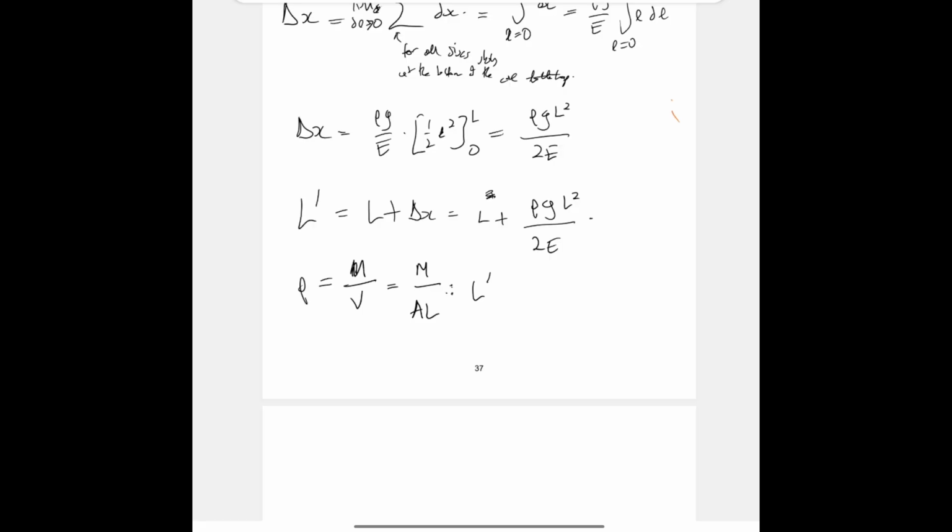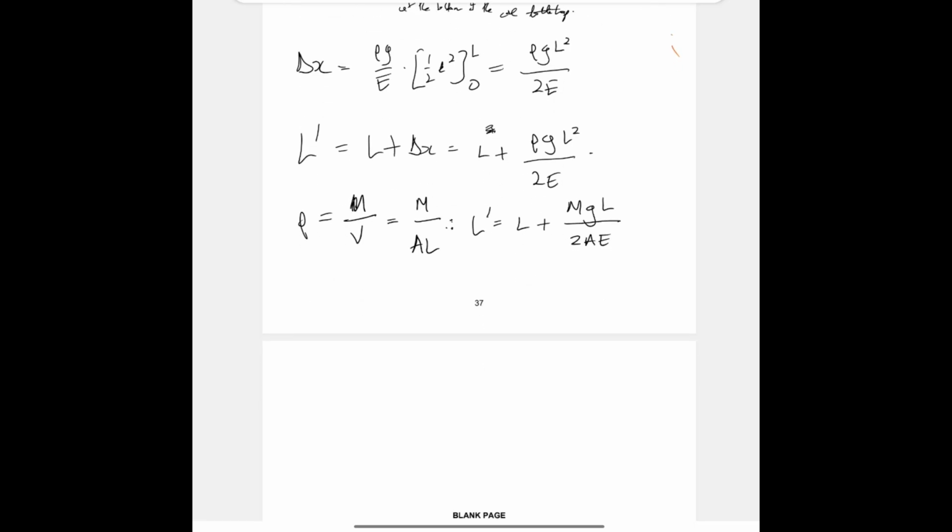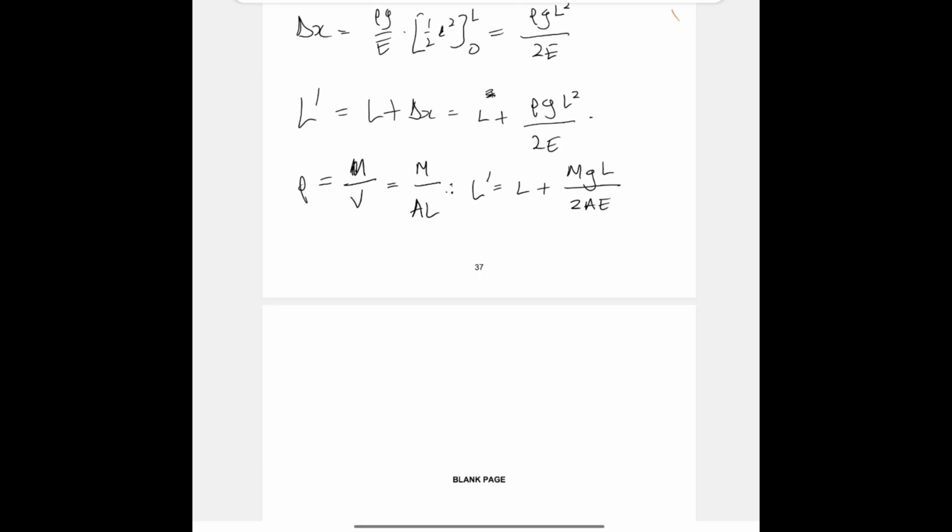Therefore, L prime is going to be L plus MGL over 2AE. We can rewrite it more nicely as 1 plus Mg over 2AE, all times L. And now we can plug stuff in.